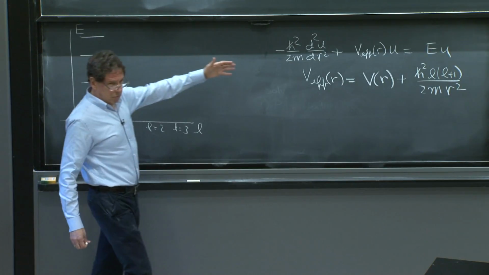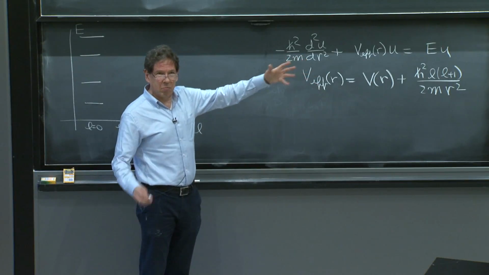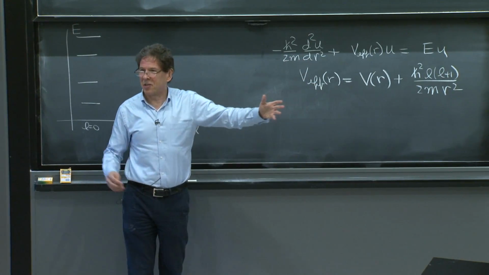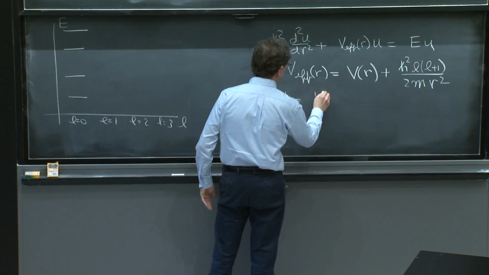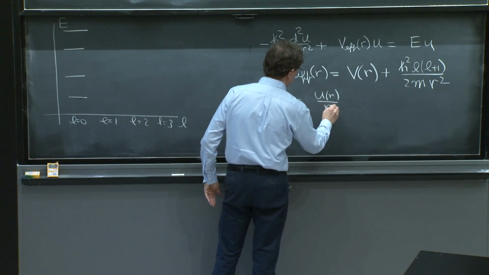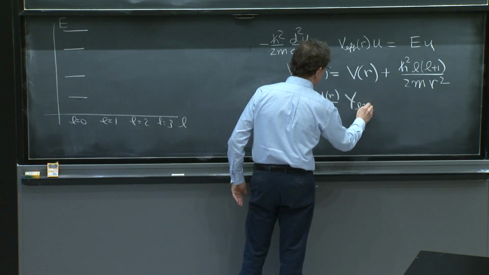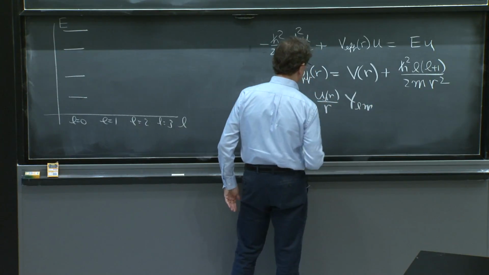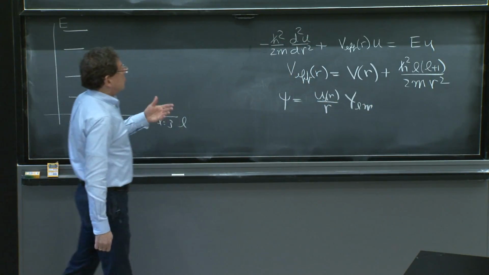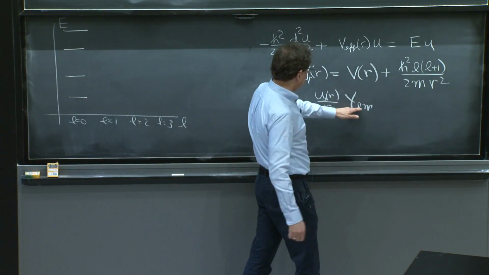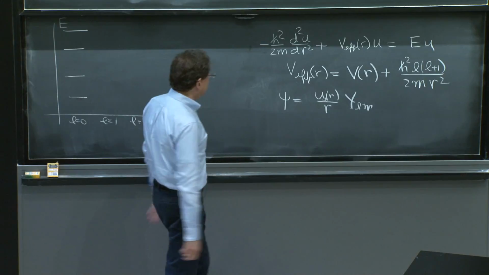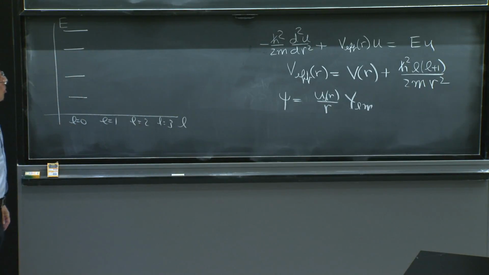Now, just to remind you, this is the hard part of solving the Schrödinger equation, because at the end of the day, psi is u of r over r times some Y_lm. So the L that you have here determines the Y, and the m is arbitrary. In fact, u doesn't know about the m value.